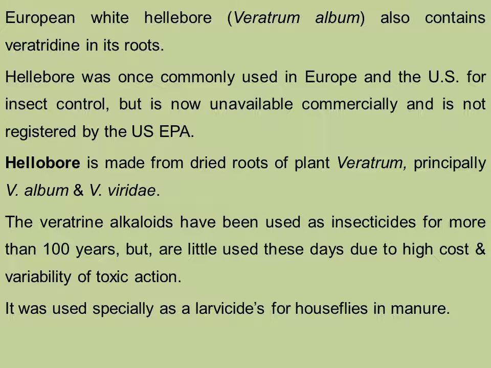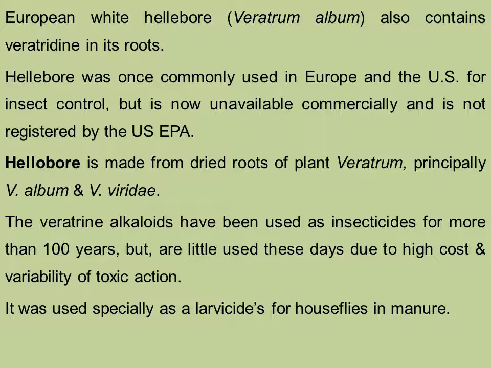European white hellebore, that is Veratrum album, also contains veratridine in its roots. Hellebore was once commonly used in Europe and the United States for insect control, but is now available commercially and is not registered by the US EPA. EPA here stands for Environmental Protection Agency.